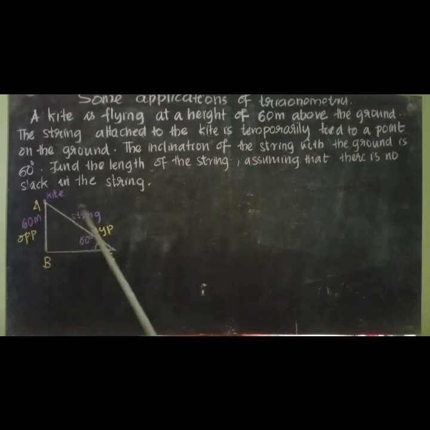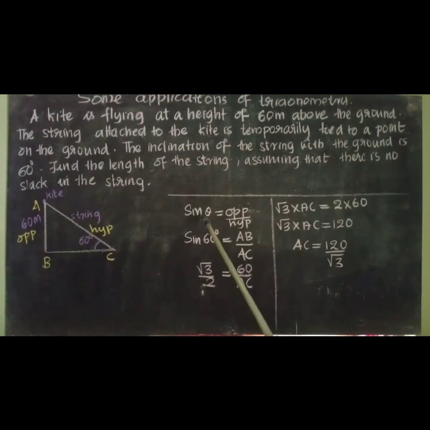So we have to take the ratio of opposite side and hypotenuse. We have sin theta equal to opposite side by hypotenuse. Here theta equal to 60 degree. So sin 60 degree equal to AB by AC.